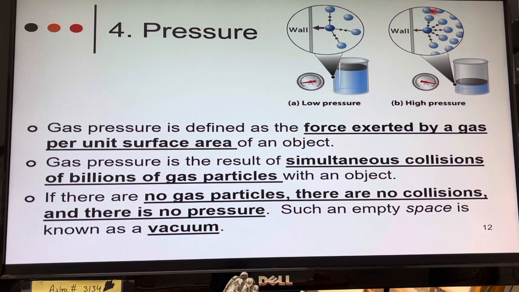So you're making these particles closer together, so they're going to hit the walls of the container at a greater rate, which increases the force exerted by that gas over a smaller surface area, and so the pressure goes up. All of those simultaneous collisions of billions of gas particles striking it increase the pressure.